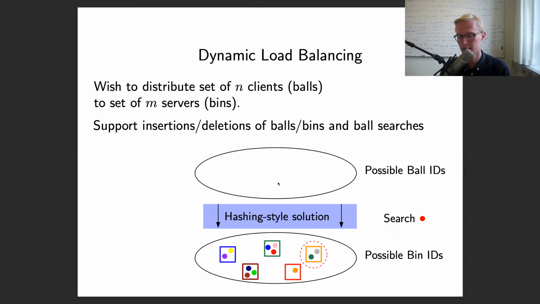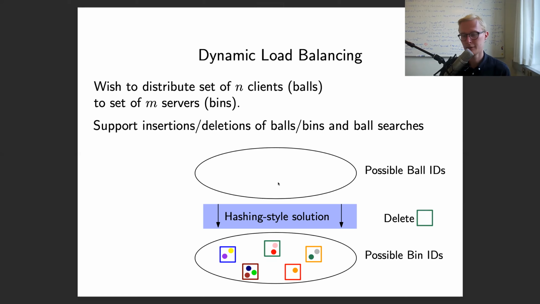So maybe it would start looking at this orange bin, and then this green bin where it does find the red ball. We could also imagine asking for the deletion of a ball, and again we would go through a number of bins until we find the bin containing the blue ball, and then we could delete it.